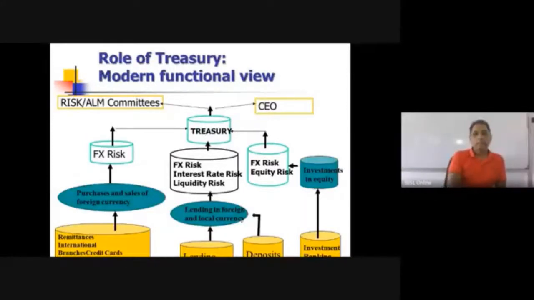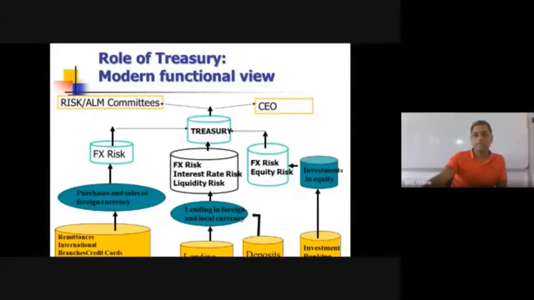If you look at this slide, it looks a bit crowded. But what it says is what the functions of Treasury are, and what it does in the modern world that we are in. Take, say, risk management in foreign exchange.